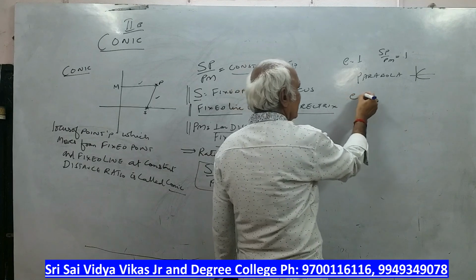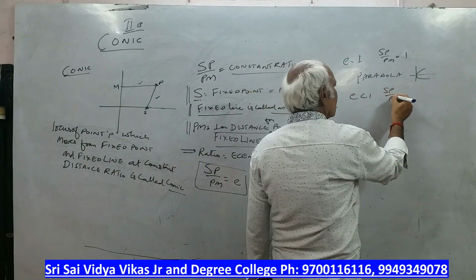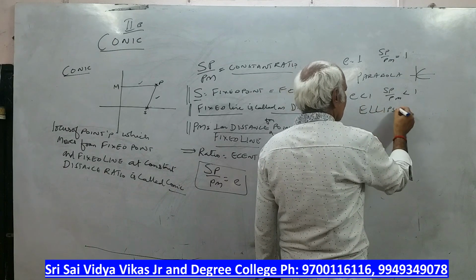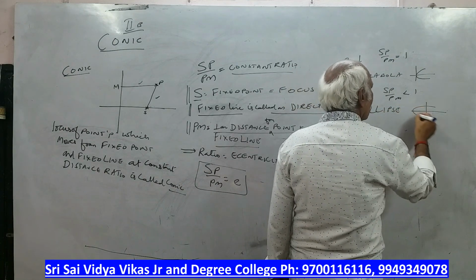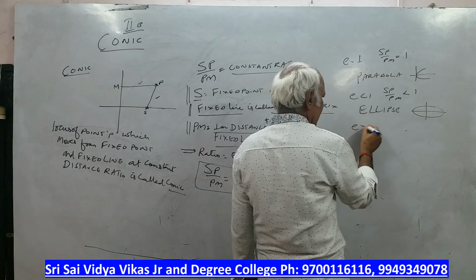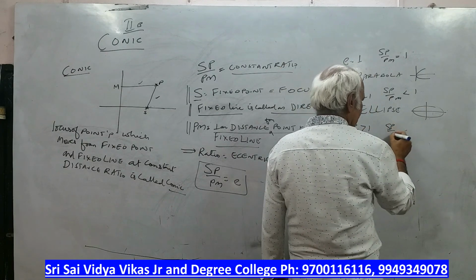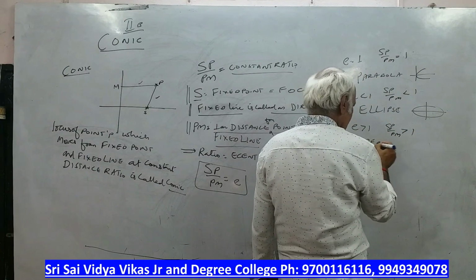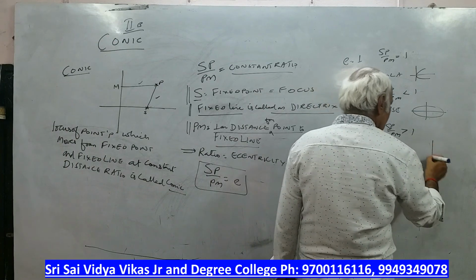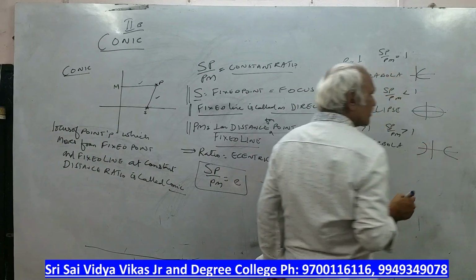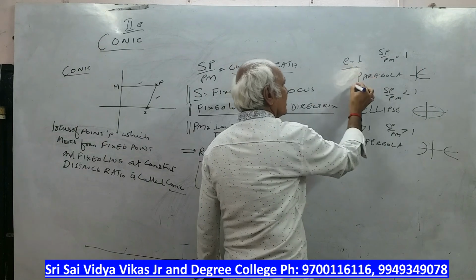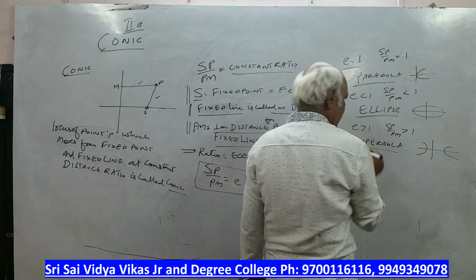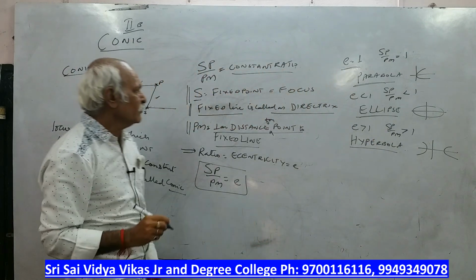If E is less than 1, then it is called an ellipse. If E is greater than 1, that is SP by PM is greater than 1, it is called a hyperbola. E equals 1 is a parabola, E less than 1 is an ellipse, E greater than 1 is a hyperbola.